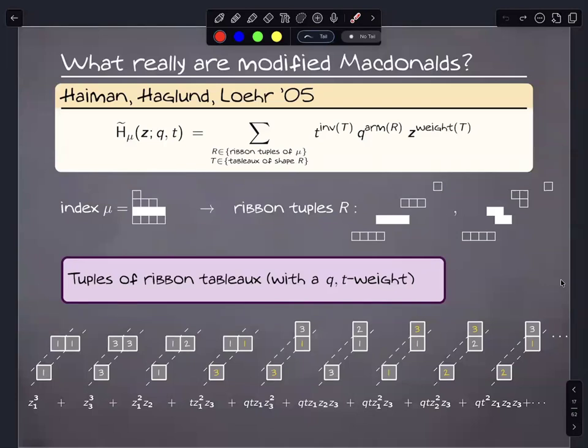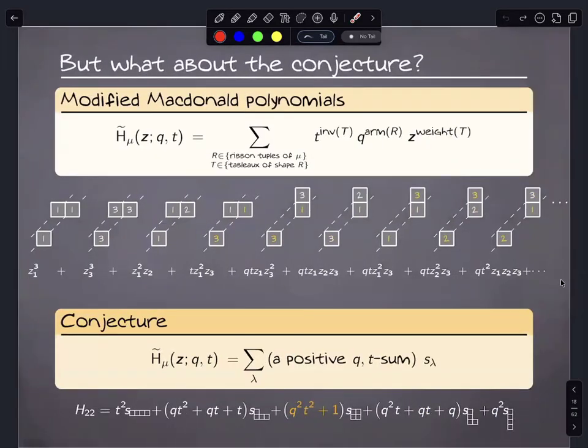So anyway, that's good because now we don't have to talk about any scalar products or anything. We can literally just write down a Macdonald polynomial. Okay, but what about the fact that the real conjecture was this was supposed to be Schur positive? And then going back to Macdonald's, it's funny basis positive.